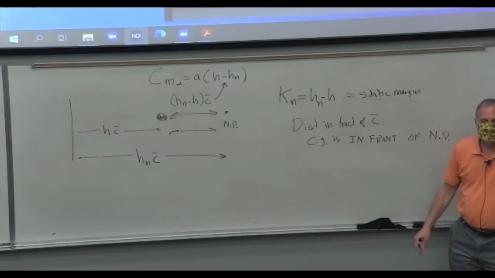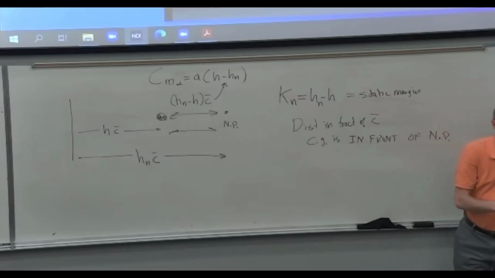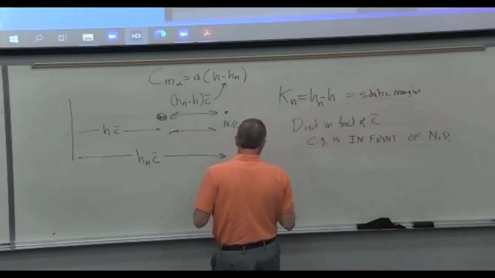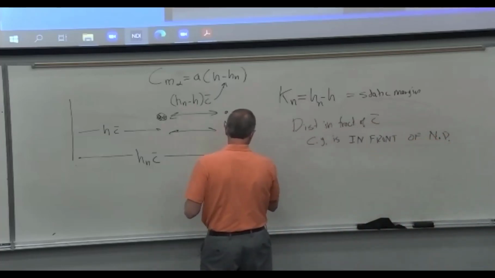And you know, you calculate the CG on the airplane, you know where the neutral point is, and then you can tell whether it's in front or behind. So there's different equivalent ways to talk about pitch stability.